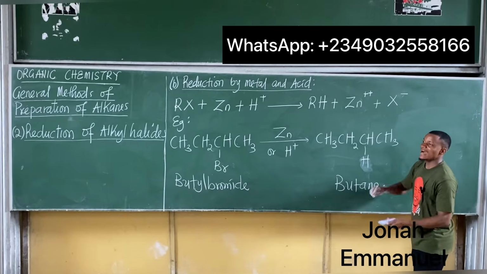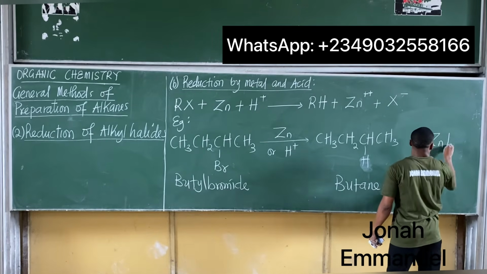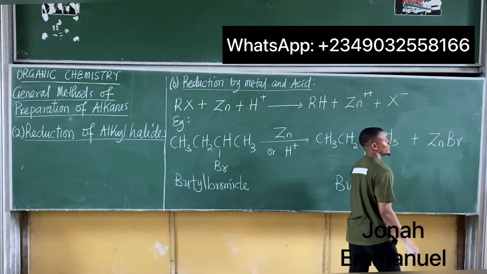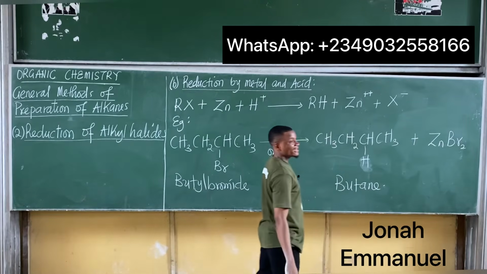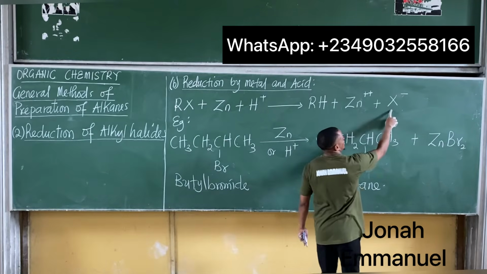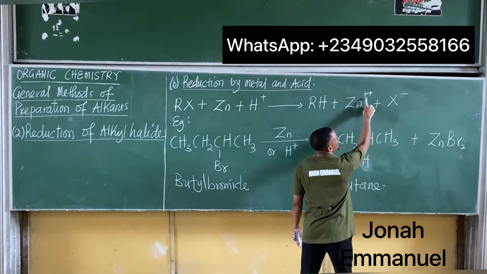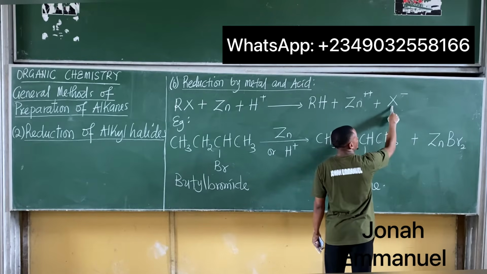In a broader view, at the end point, it becomes plus zinc bromide. Look up, please. That's what this one is telling you. At the end of the process, zinc will have 2 positive. The X is your halogen, that's bromine.